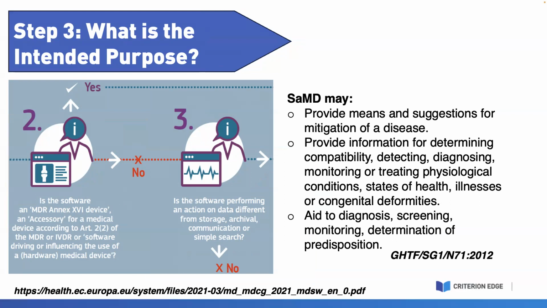There's a lot of different aspects of that intended purpose statement. So when it comes to an in vitro medical device, though, because it can be used for a variety of different purposes, it can make it a little bit more complex in terms of identifying whether or not you are performing one of those functions.